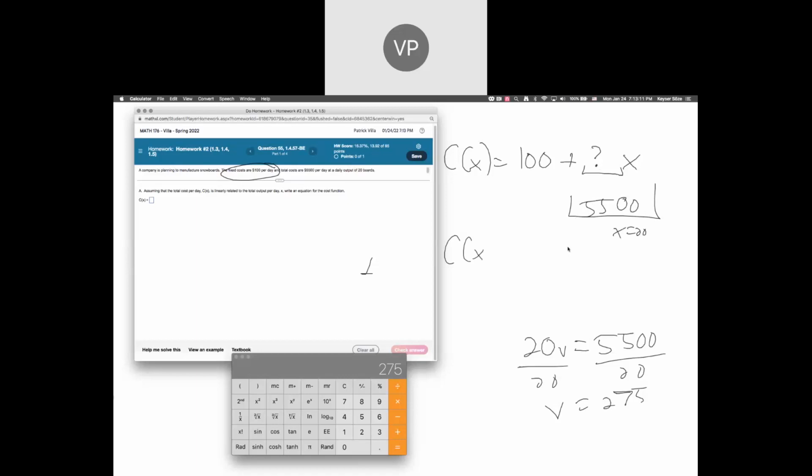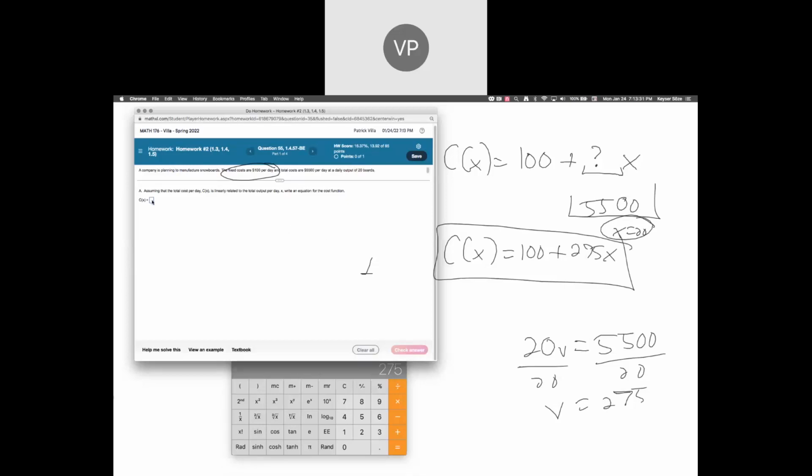So we say C(x) is going to be the $100 fixed cost plus 275 times the number of boards. And check it if you're not sure. If you plug in 20 to this, that second term becomes 5,500. If you plug in 2, it becomes 550. But this is your cost model right here. Okay, and that is the first question.